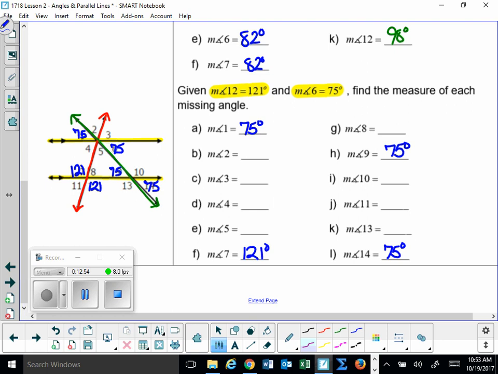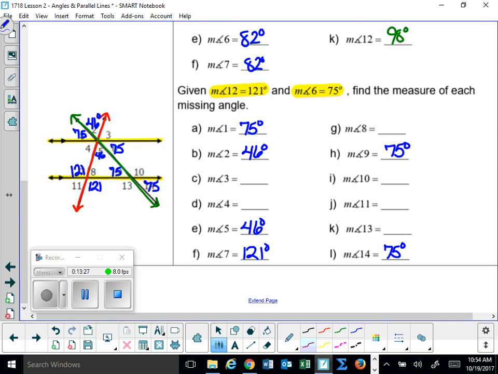So 121 minus 75 is going to be 46. Angle 5 is 46 degrees. Good to know. Ooh, angle 2 is vertical, so that's going to be 46 degrees. Let's go back to that 121. Okay, we've got the corresponding. I think we've got everything there we can do flat out with 121.